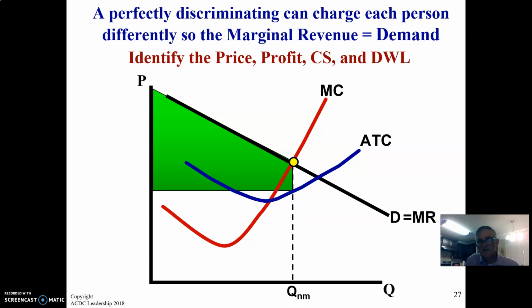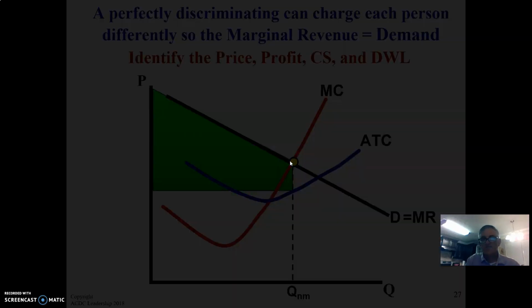Consumer surplus. Where would consumer surplus be there? There wouldn't be any consumer surplus, right? All of this would be producer surplus, and then obviously there's not a deadweight loss because the monopoly is providing what society wants. Okay?